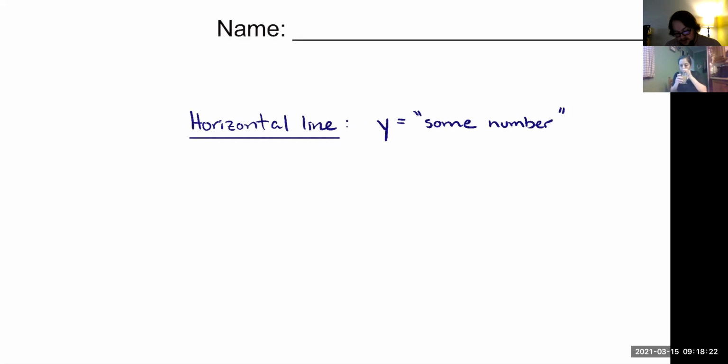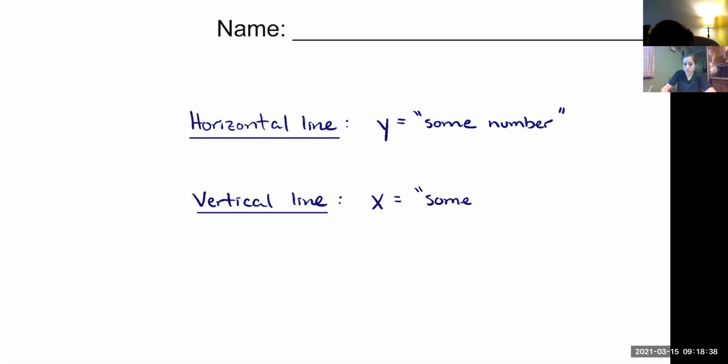That's going to be a horizontal line. The opposite of that, of course, is going to be a vertical line, which is x equals some number. At which point then we find that value, draw on our vertical line.